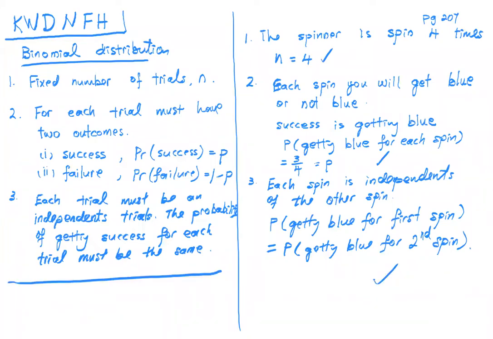You give me a general statement, I give you 0 straight away. Are you clear? You cannot say, each trial has 2 outcomes, success and failure. You must spell out what the success is for that situation, for that question. Do you get me? So your answer must be like here.